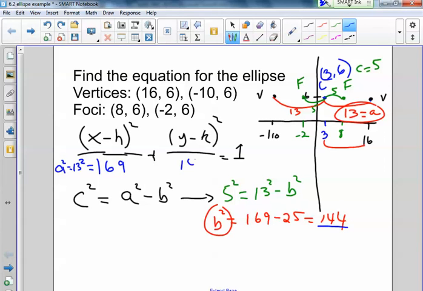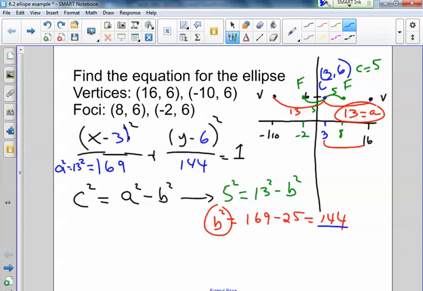And my h, what's my h? That's the y number, it's 6. And my k goes with the x number, that's going to be 3.